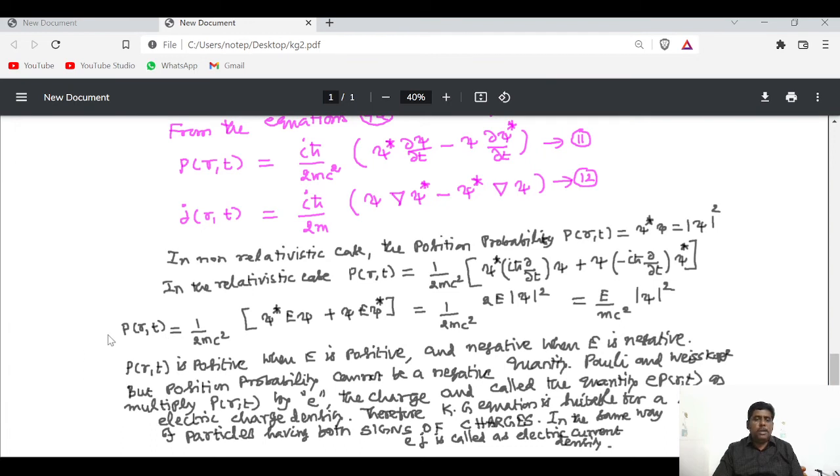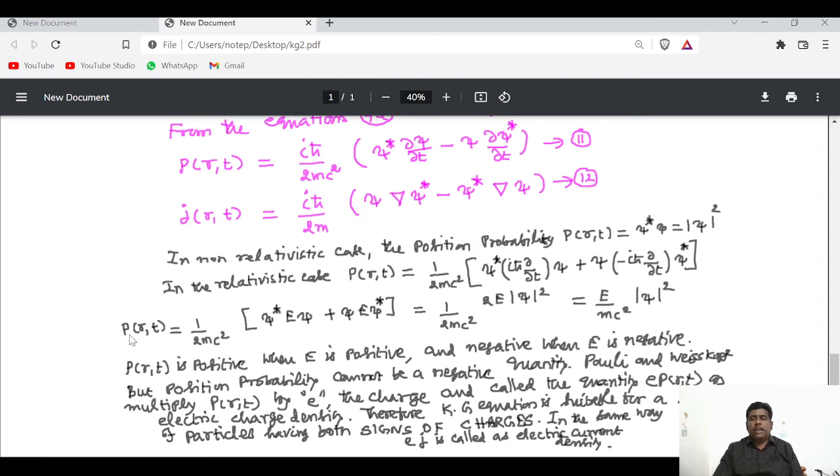If you multiply this P of r comma t by the letter e, the charge, then e into P of r comma t is reinterpreted as electric charge density, because e is the charge of a particle. The charge may have positive or negative values. Suppose e is positive, P of r comma t is positive. e is negative, P of r comma t is negative.